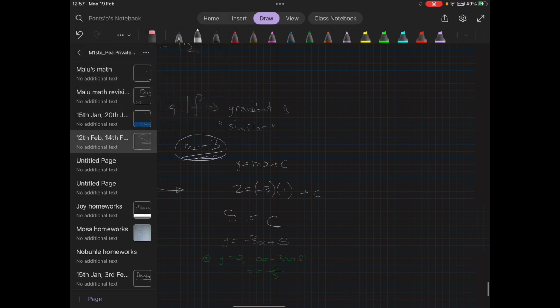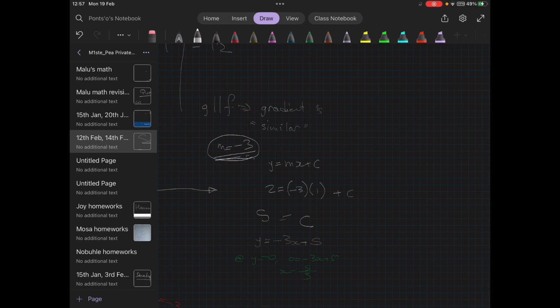There we go. Right, so we know that they're parallel, right? So we can simply say the gradient of G is -3 because F and G are parallel. We've established that, so we're not going to research that any longer.